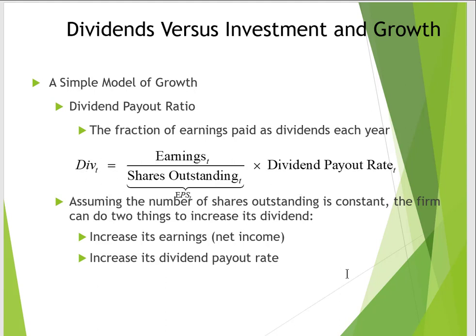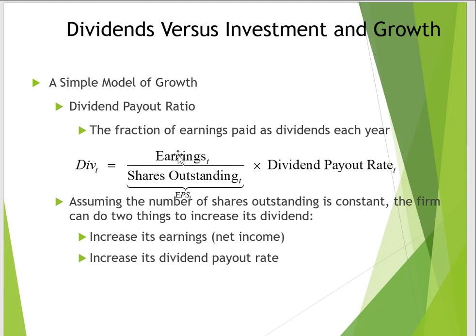So how can a company increase its dividends? Well, there's only two ways. You have to either increase this earnings per share number, or you have to increase the dividend payout rate. Those are the only two ways you could do that.